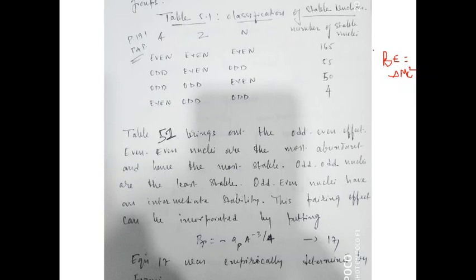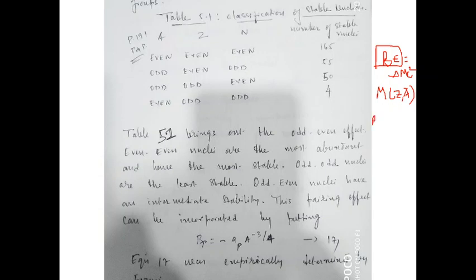But we are trying to develop an expression for the binding energy, and from the binding energy, we will try to get an expression for mass. That is what our objective is. That is the semi-empirical mass formula. For binding energy, till now we have discussed three terms.